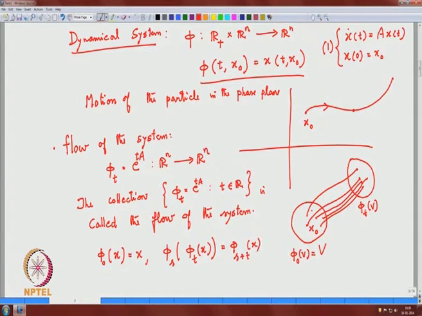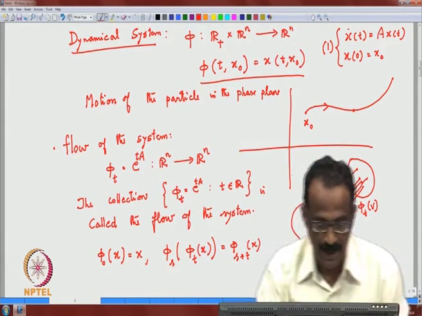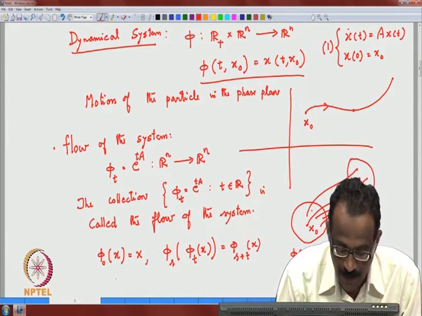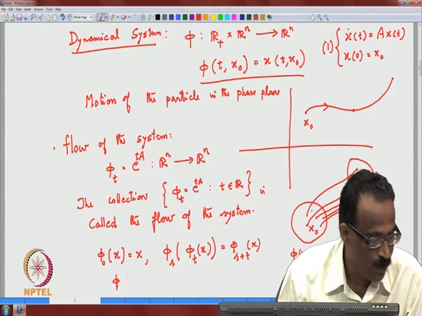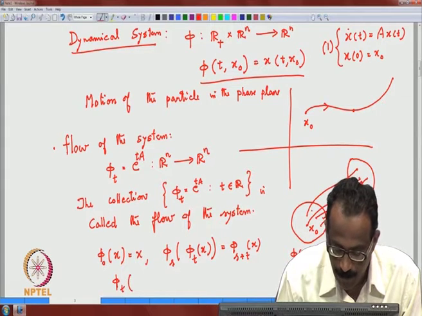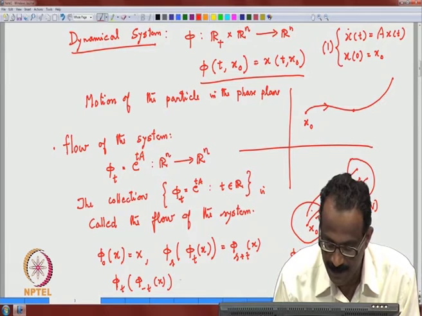This is a very important thing. So, the flow moves from one position to another position, and then it moves again, which is the same as the flow moving directly to the other position. And another interesting property, this also has a group structure. In fact, for this particular system you will have phi t of phi minus t of x is equal to x.